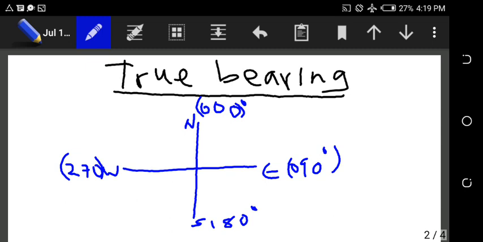All right, but then you can have angles in between. So for the true bearing, we always use 3 digits to note that.